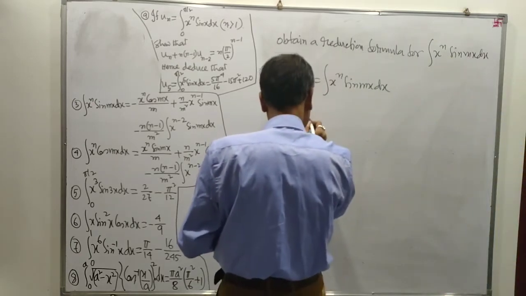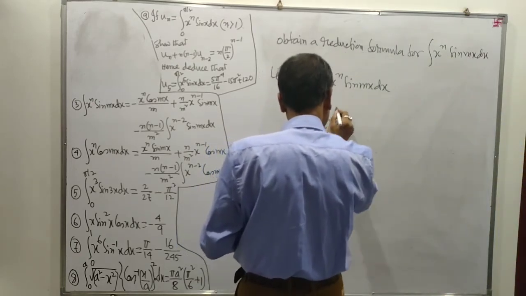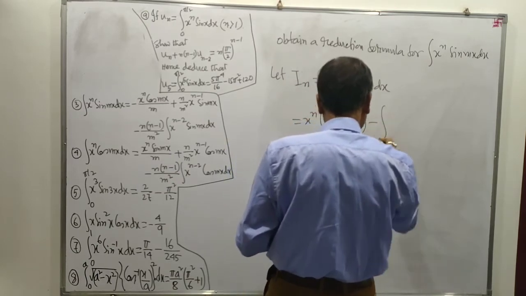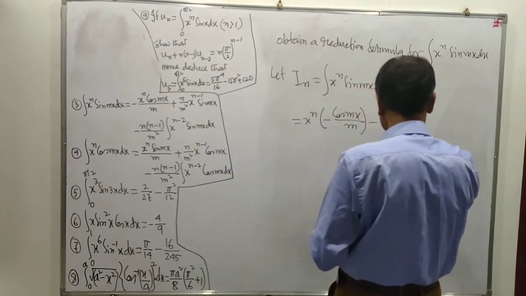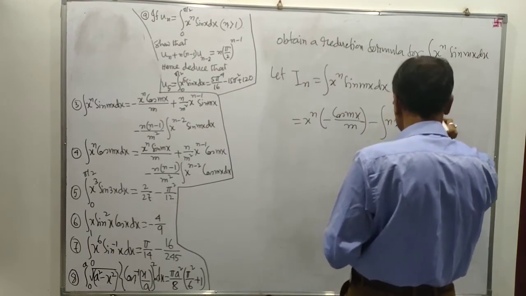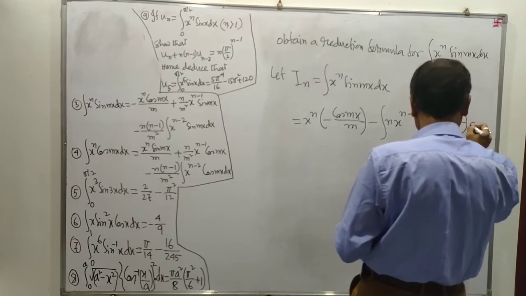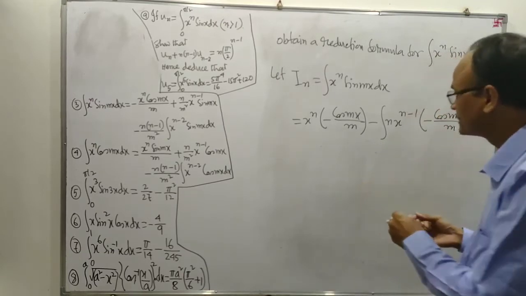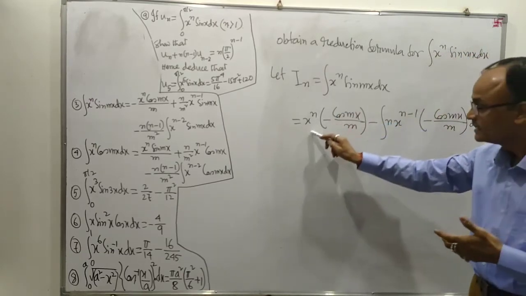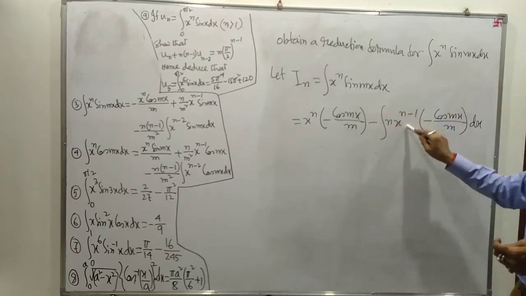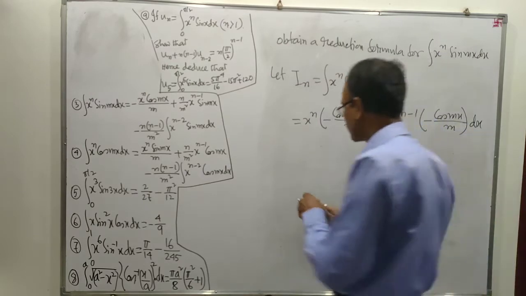This is equal to x to the power n times minus cos mx divided by m, minus integral n x to the power n minus 1 times minus cos mx divided by m dx. First function into integration of the second function minus differentiation of the first function, integration of the second function.